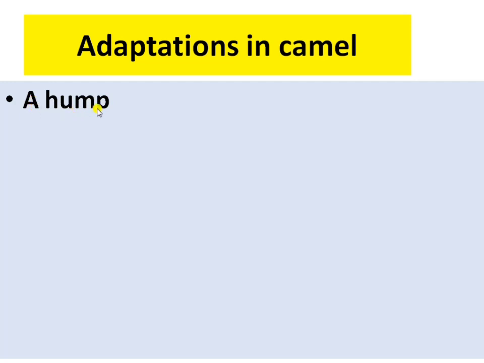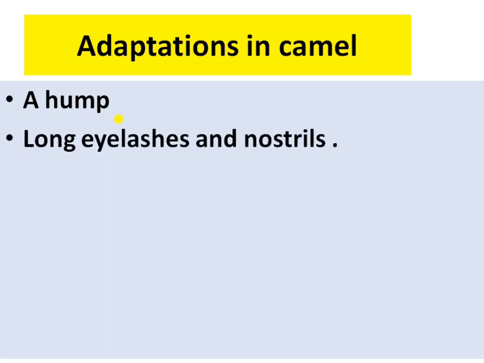That hump stores food in the form of fat, and they have padded feet to allow movement in the sand. Then they have long eyelashes and nostrils, and these can be closed to keep the blowing sand out.